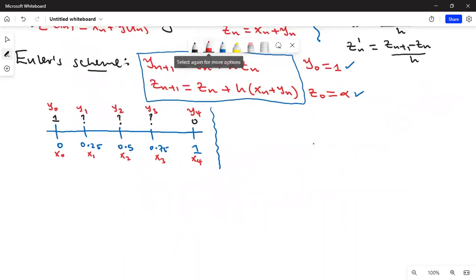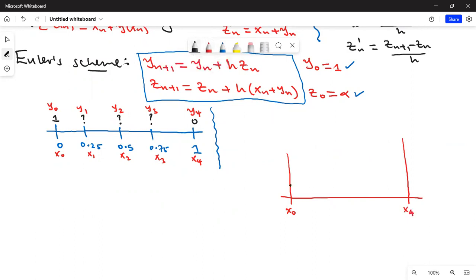In the shooting method, we have x naught here, and let's say here we have xn. In this case, it is x4. We are going up to x4. Let's say this is the value of y naught, and the value of y4 is somewhere here, y4, which is the same as y of x4.